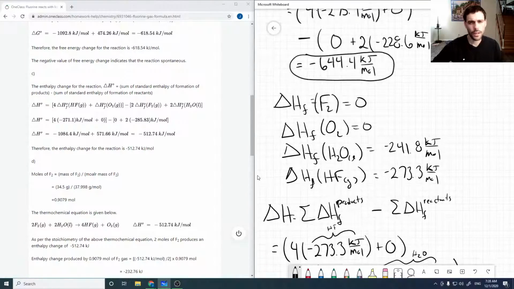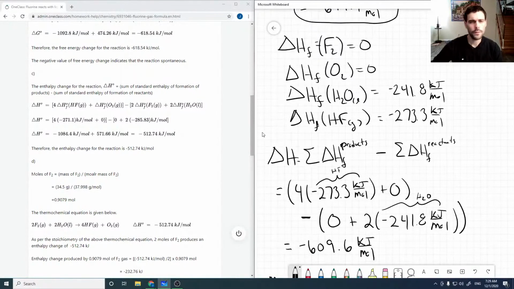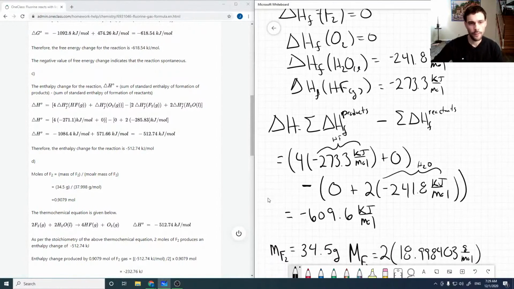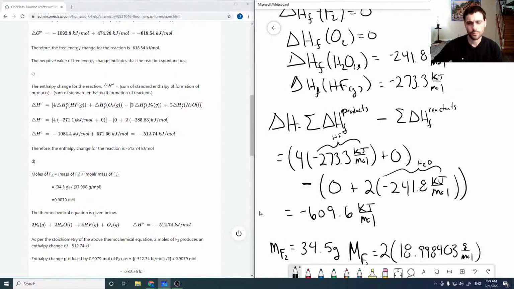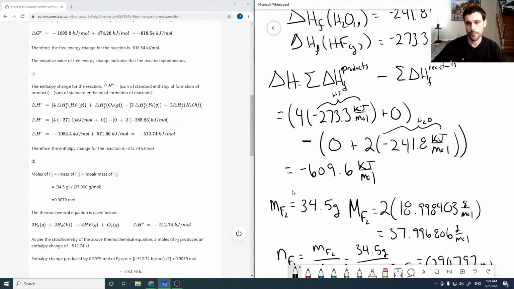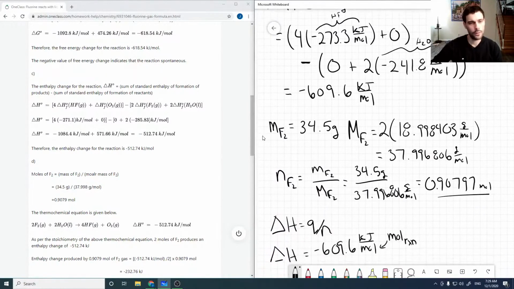And then for our delta H's of formation, they are also a little different, of course. Quite different, actually, especially in the water case, but well. The point is, again, that the equation is done properly, and it looks like it is. And so again, our values are going to come out quite different because our delta H information that we looked up was quite different, but that's okay.